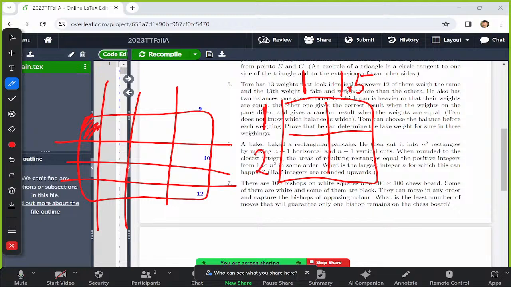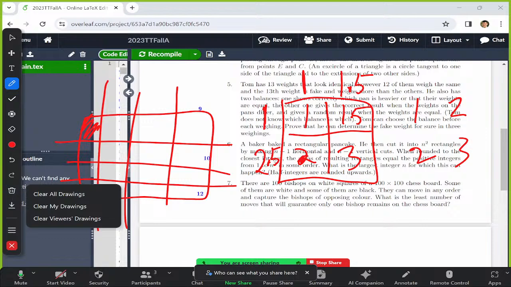If I times them together, I get 1, 2, 1.5, 3. When I round them, I get 1, 2, 2, 3, which is not 1, 2, 3, 4, so that doesn't work. But if I want it to be 1, 2, 3, 4, maybe I could make this 2.5.